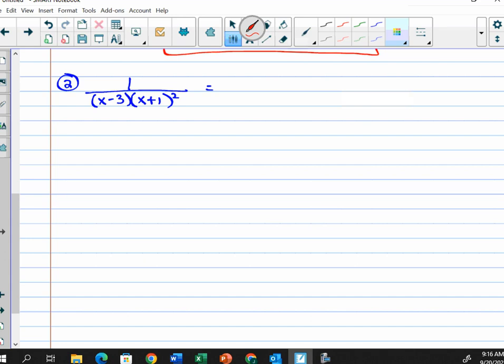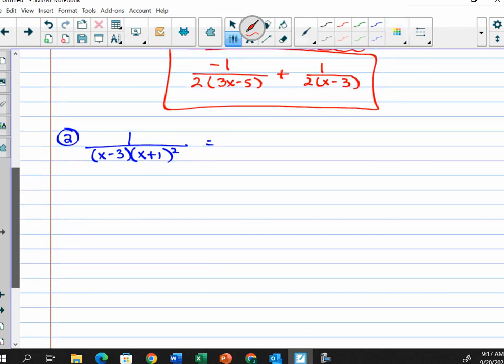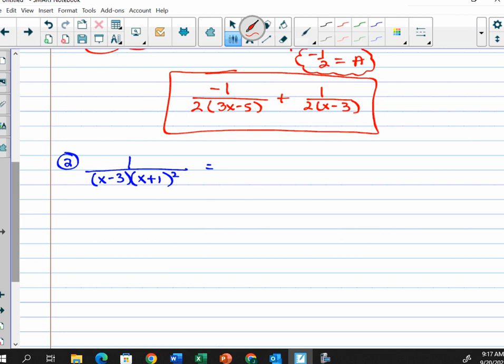Let me walk you through the initial setup with your A's and B's here. Okay. Weird little twist with this one because we have a quantity squared in our denominator. You are going to end up with 3 fractions.